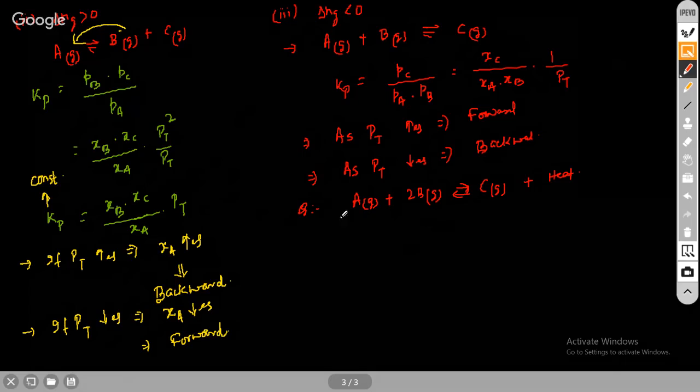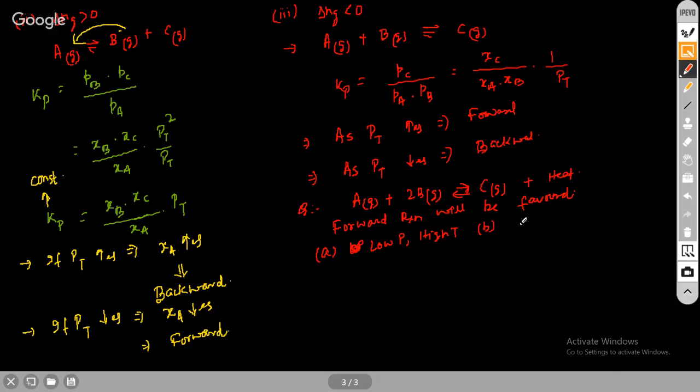Now the question is, for this reaction, forward reaction will be favored under which condition? The first condition given is low pressure, high temperature.